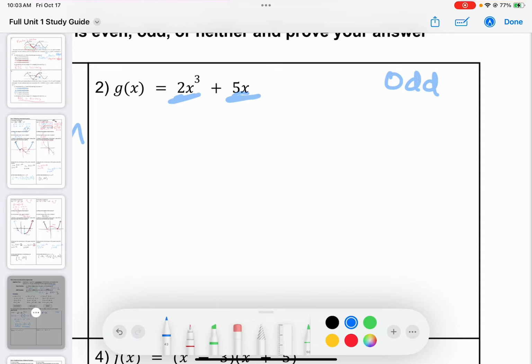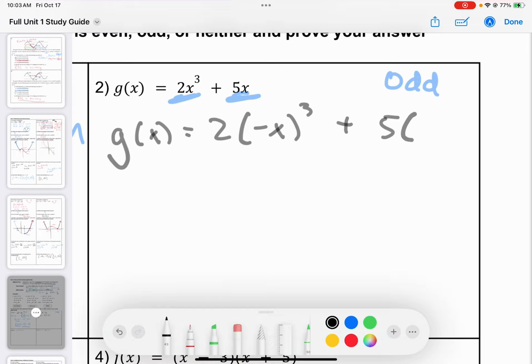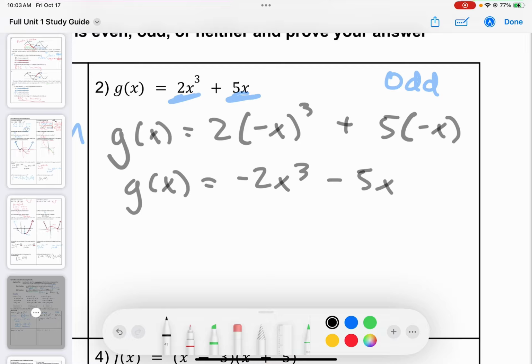All right, I'm going to substitute in a negative x. So I get g of negative x equals 2 times negative x cubed plus 5 times negative x. I'll simplify this. We get negative 2x cubed minus 5x. Well, I can factor out the negative: negative times 2x cubed plus 5x.